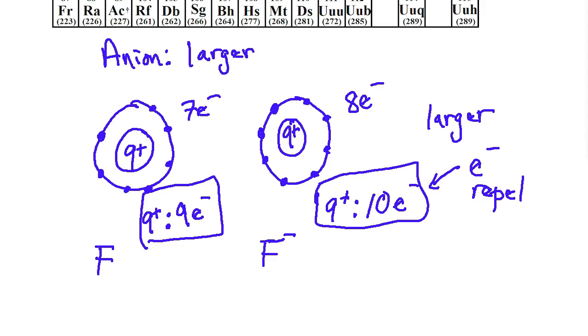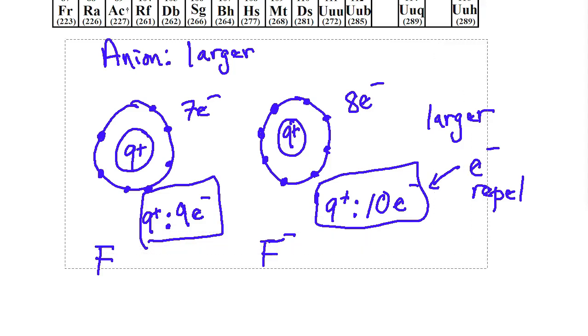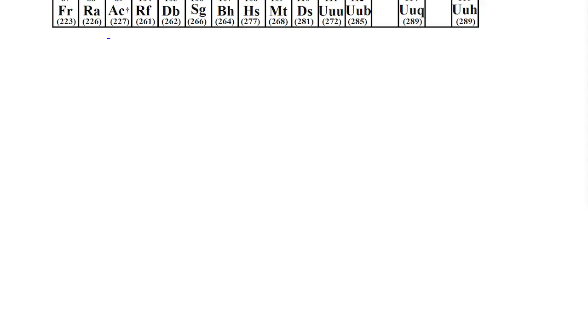Now, we did mention at the beginning isoelectronic sets. These are groups that all have the same number of electrons. And in fact, I was just alluding to one.